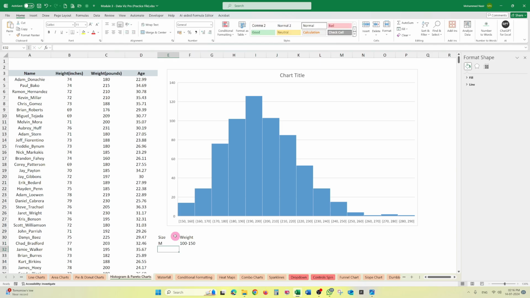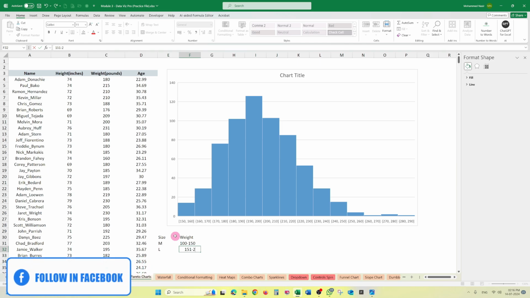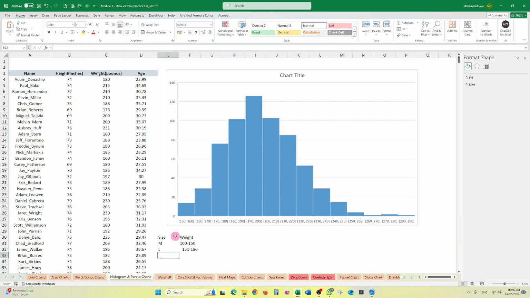Then for L size, if we decide 151 to 180. Then XL, 181 to 200, double XL, 201 to 290.